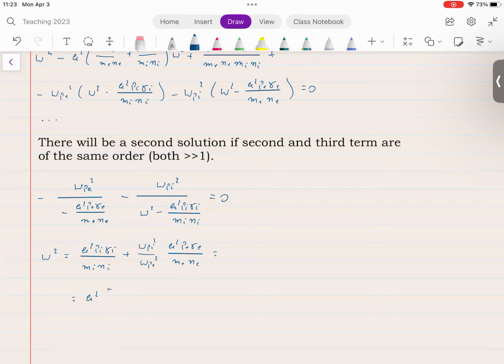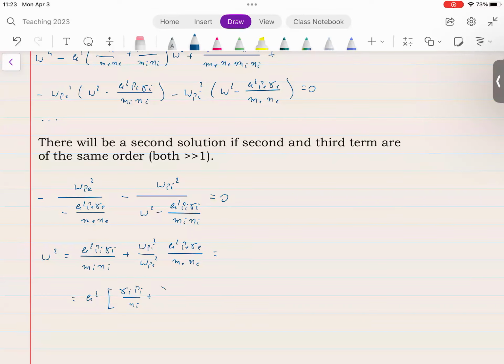That gives me gamma I Pi over Ni plus gamma E Pe over Ne, all multiplying 1 over the mass of the ions. The mass of the electrons in the second term cancels out through the ratio of the plasma frequencies. I think I got everything. Yes, okay.